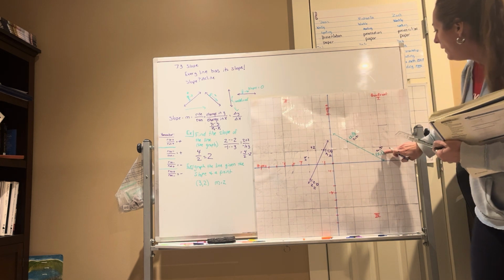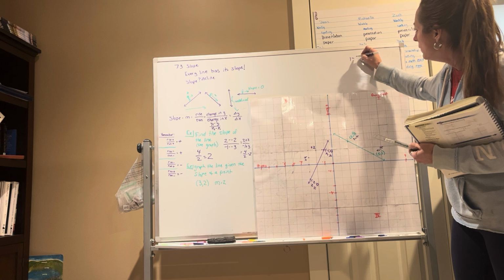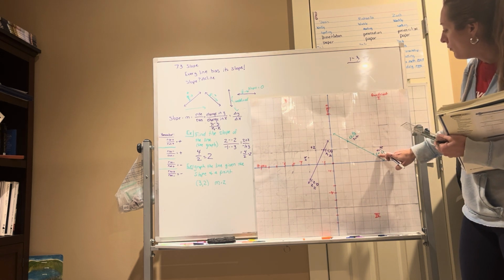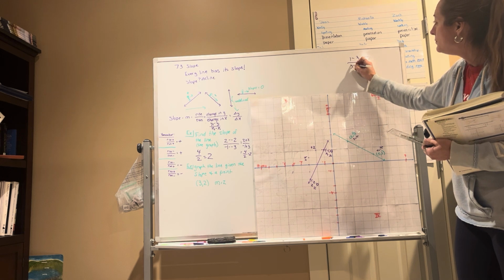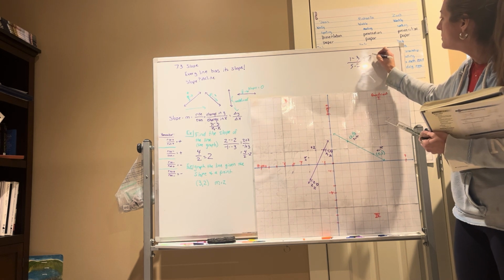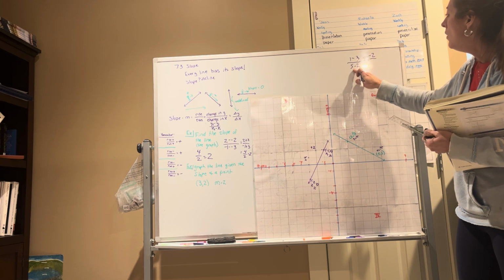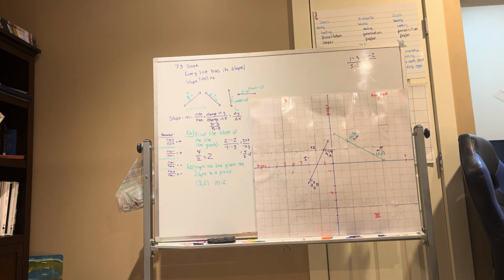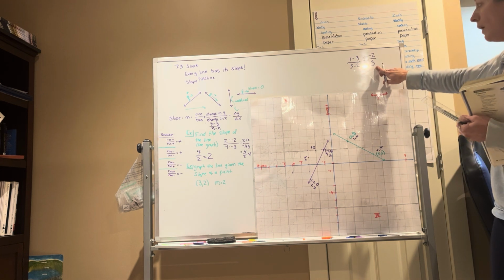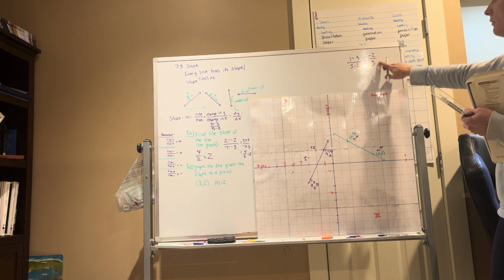So I'll go 1 minus 3 over 5 minus 2. This becomes a -2 over 3. And that becomes my slope, -2/3.